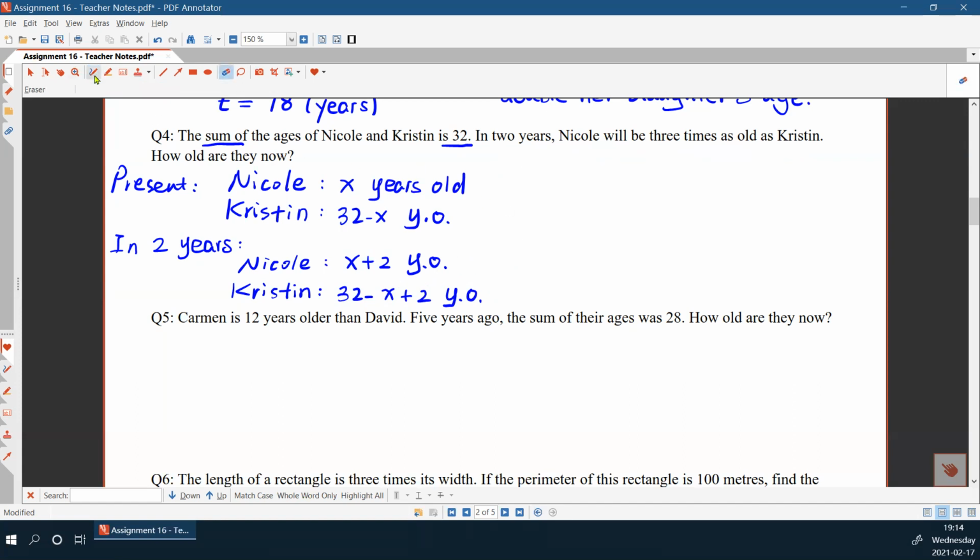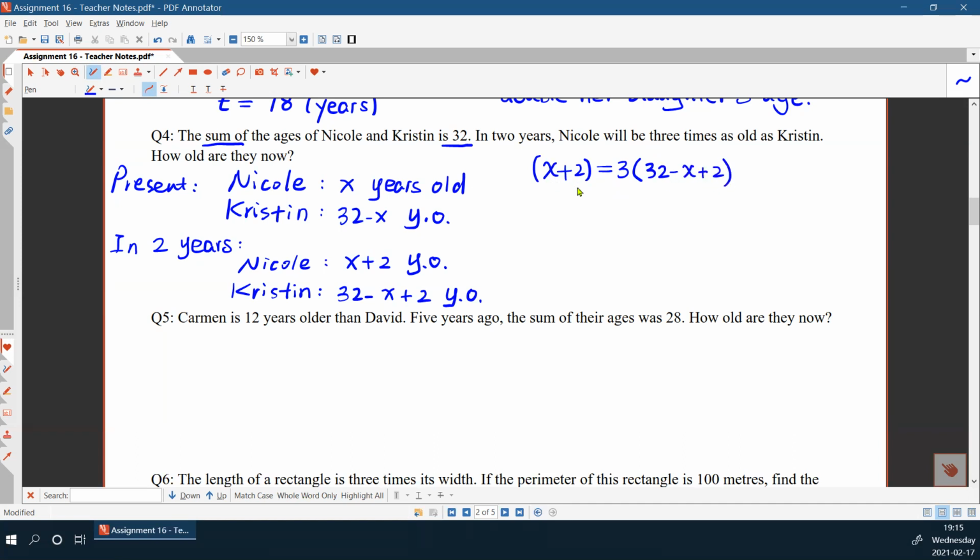Okay, so the relationship is Nicole's age, which is X plus 2, is 3 times Christian's age by then, which is 32 minus X plus 2, right?